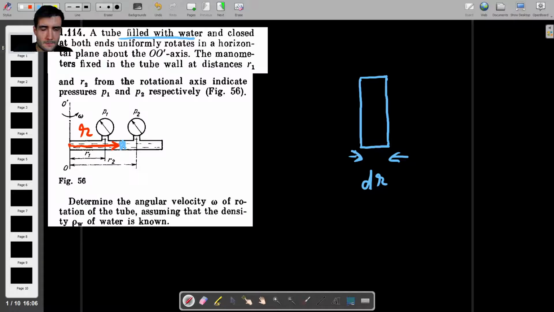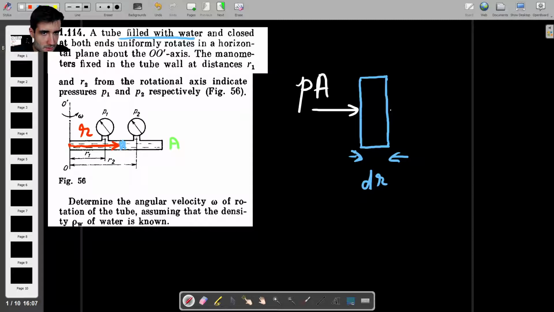Now, this fluid element will experience essentially two forces. Well, if we ignore the weight and we're just looking along the horizontal direction, it will experience two forces. The first force is from this side, and that's going to be the pressure P of the liquid situated on the left multiplied by the area, where this A is the area of the tube.